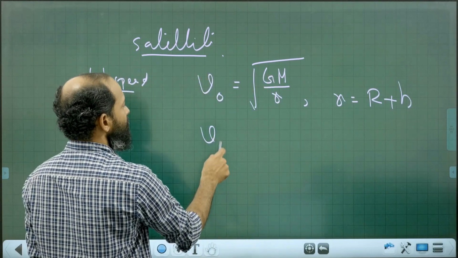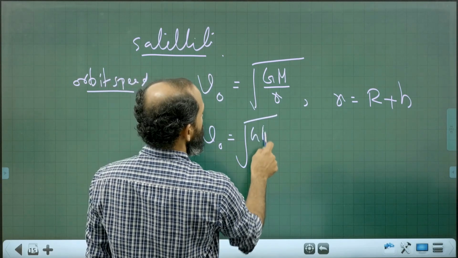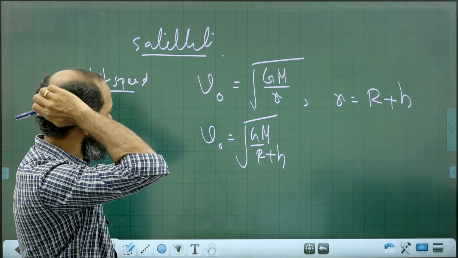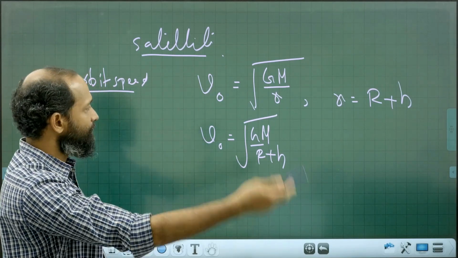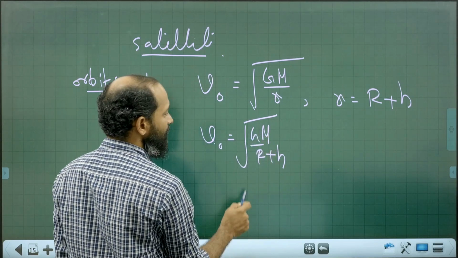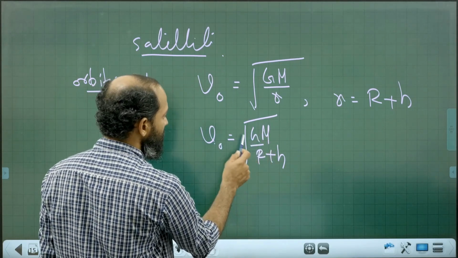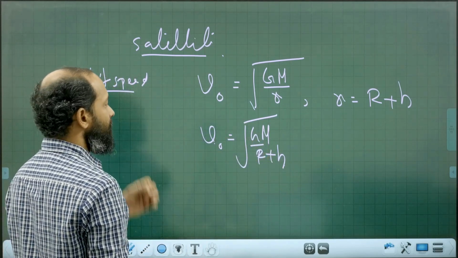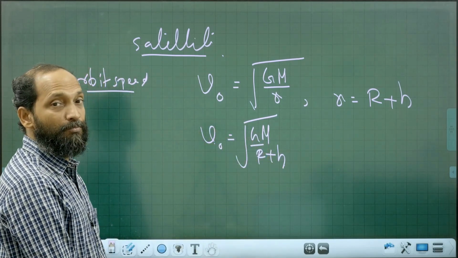That is, orbit speed is equal to square root of GM by (R plus h). The changes can be made as we have done before. Orbit speed depends on the mass of the planet, the radius of the planet, and the height above the planet, but does not depend on the mass of the object.